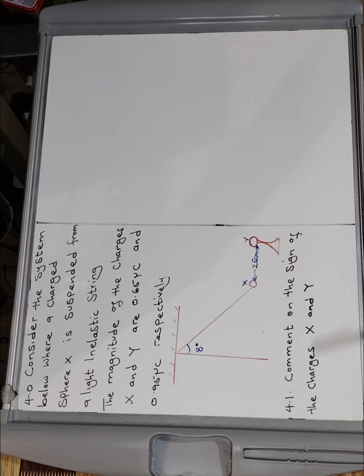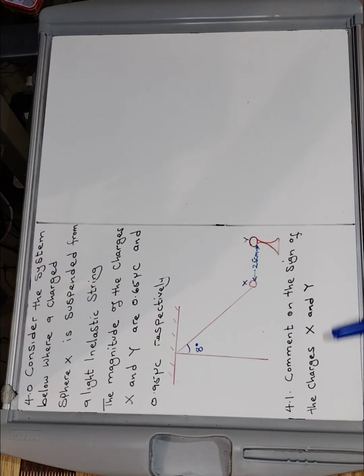Okay, when you look at this scenario, what do you see? We have this charge, and because it is on a string we would expect it to just fall under gravity, to be along this plane. But look here, the charge stretches towards Y. What do you call that? We call that attraction. So X and Y are attracting each other.